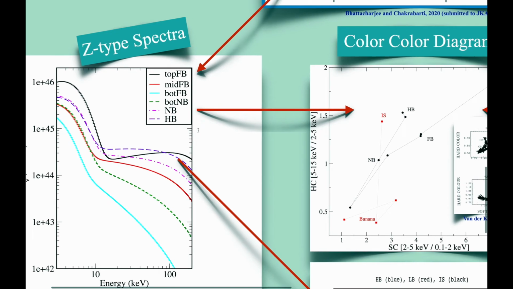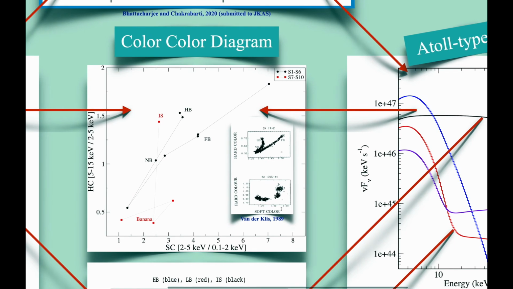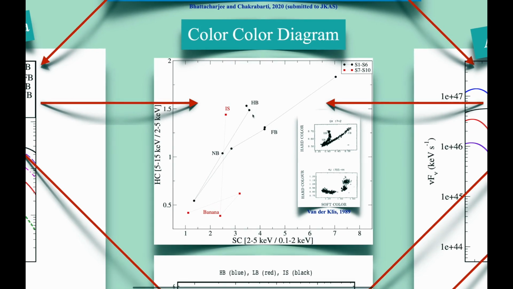We are also able to generate the atoll variation, the island state, and the upper and lower left banana states. Now if you go to the color diagram, which is the ratio of different colors, we see that we can actually generate the Z track, the island portion and the banana track, which is also matching with previous observation.